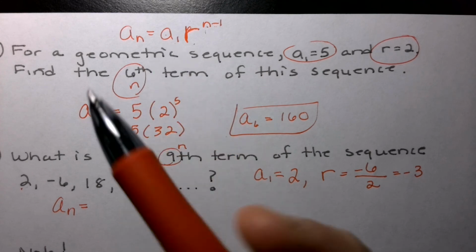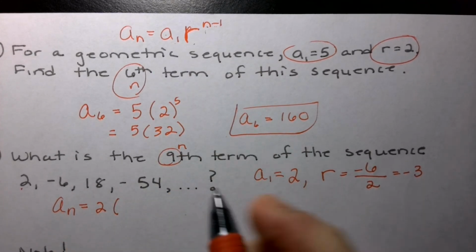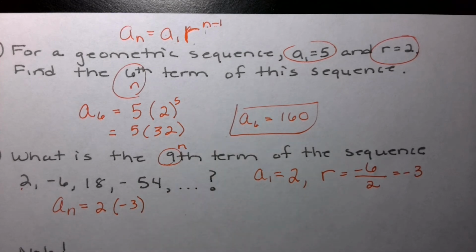So let's plug them in. A sub 1 is 2 times parenthesis. The r is a negative 3, and that's why we need the parenthesis, because otherwise you're going to start doing 2 minus 3. Raised to the n. Oops, I didn't put this in here. This is a sub 9, isn't it, class? Let's see, write that out. A sub 9, to the n minus 1.